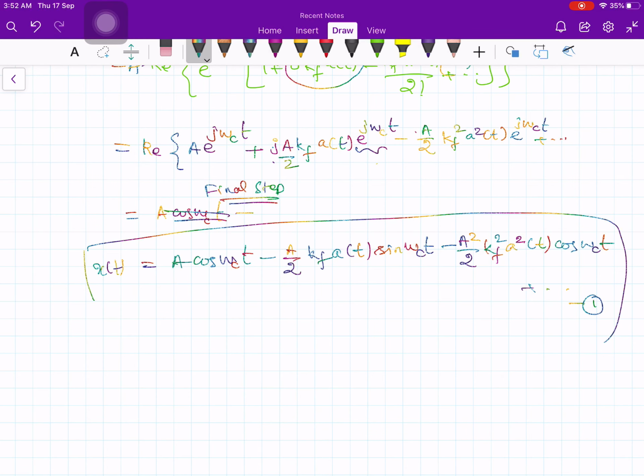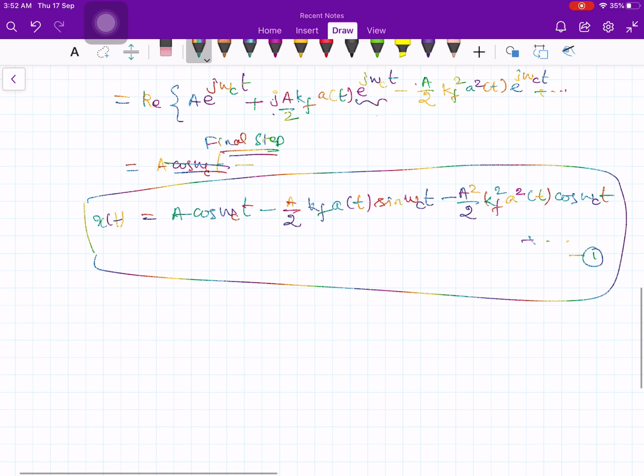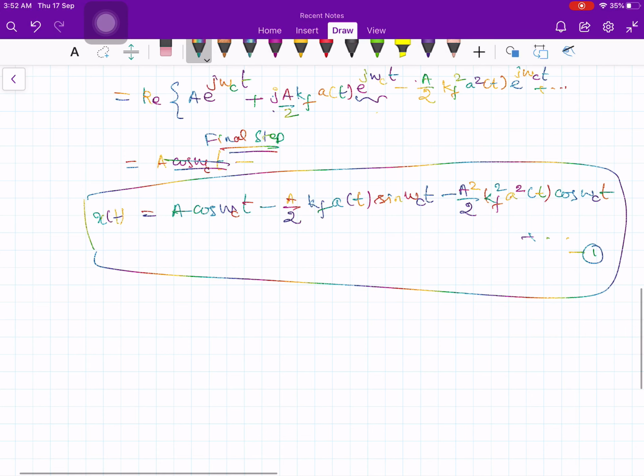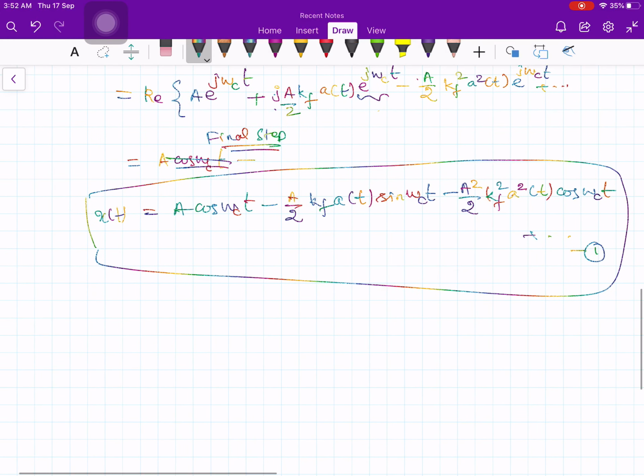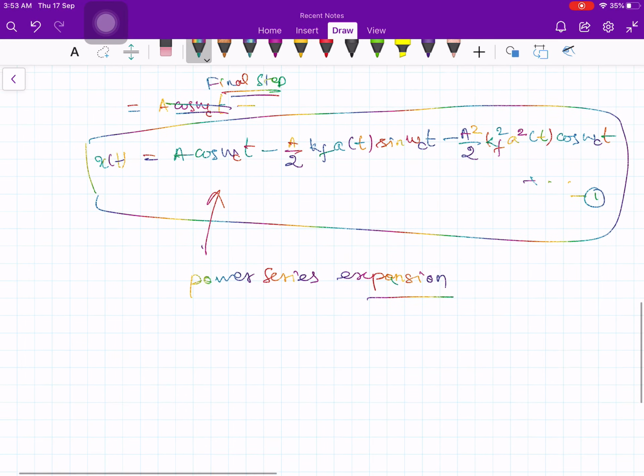So equation number 1 gives you a different way or a different look at the same signal, and this is the power series expansion. Instead of Fourier series expansion, you got a power series expansion here.